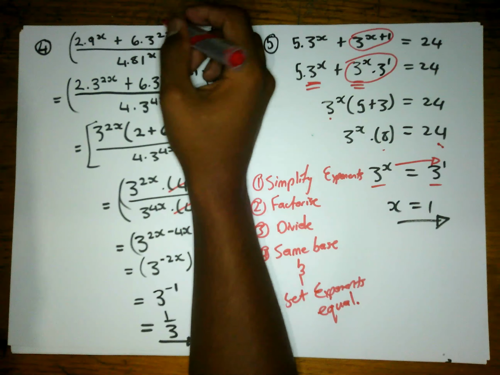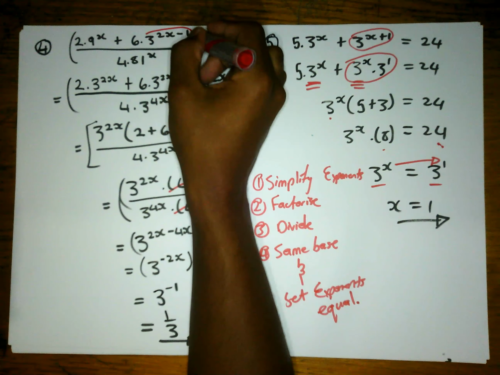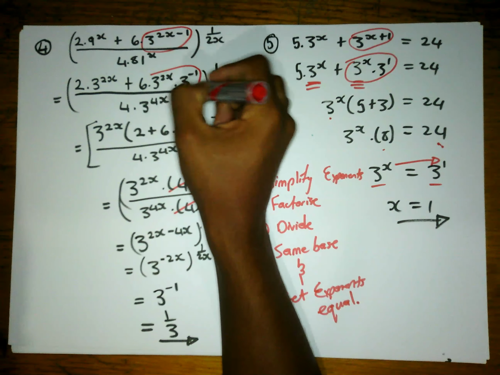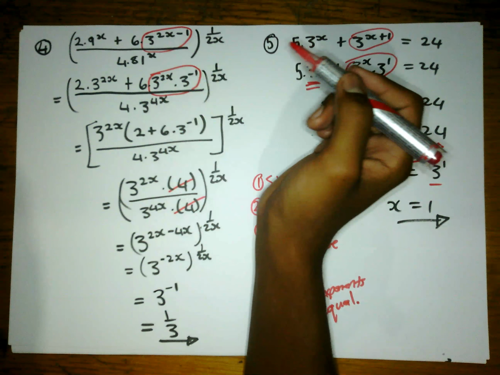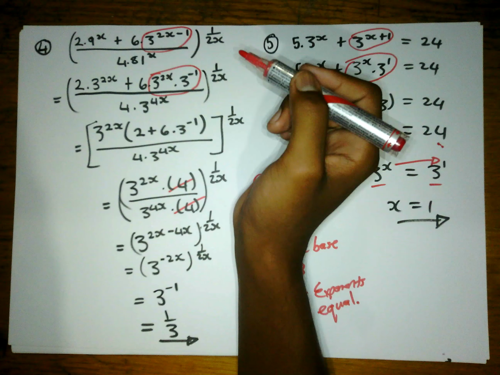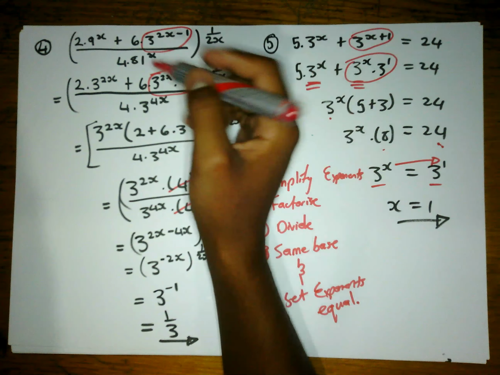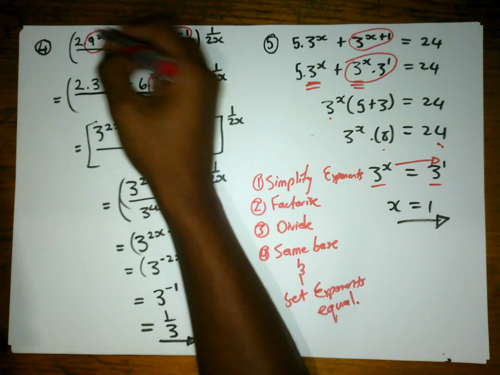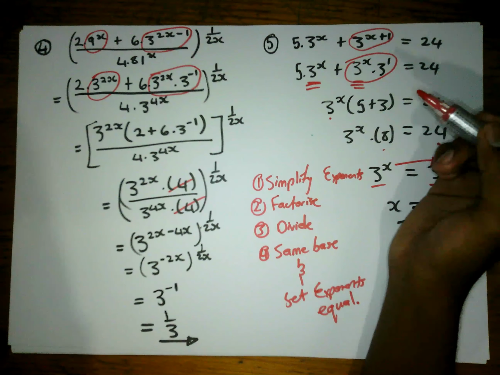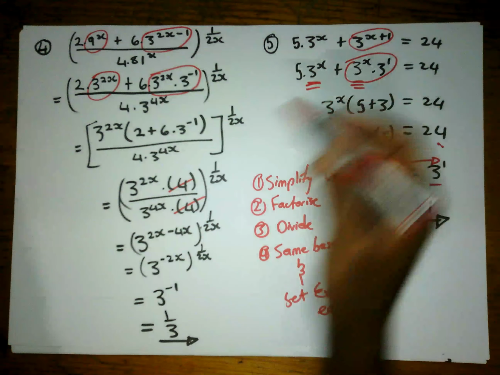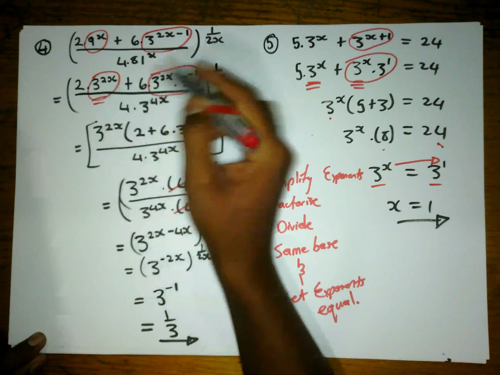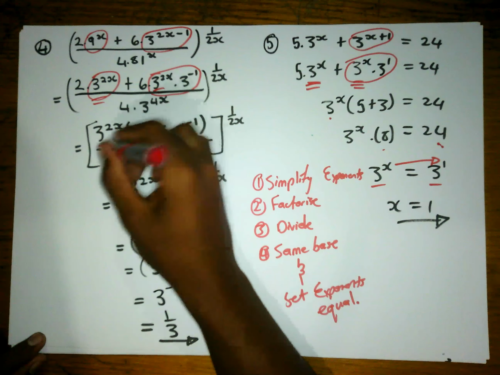Because if you can see here, this 3 to the power 2x minus 1, we simplify it like that. And then also over here, we simplify this 9 to the power x to 3 to the power 2x. Then what do we do? We factorize that 3 to the power minus 2x.